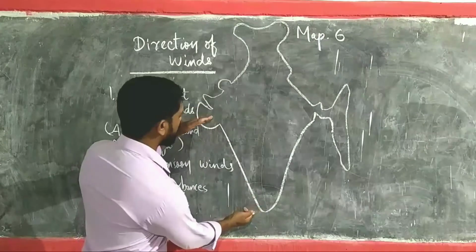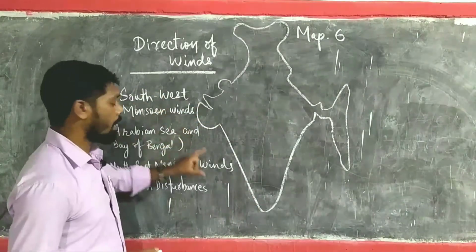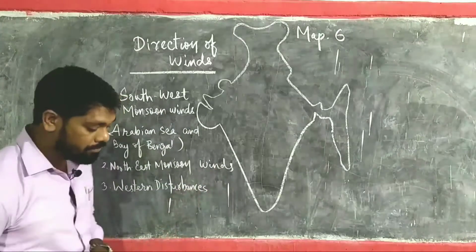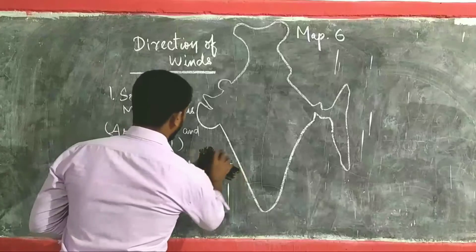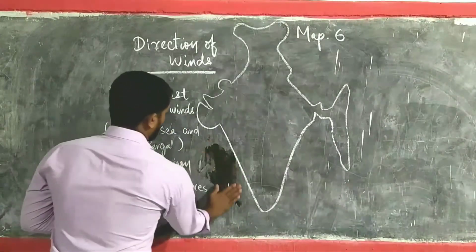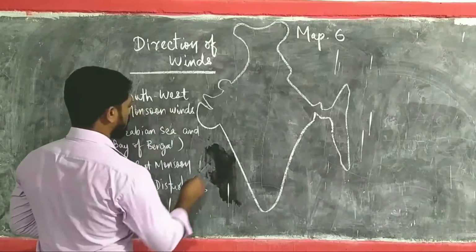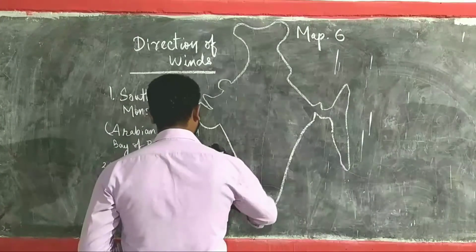So this is the area where the southwest monsoon winds have to be labeled. So let me show you with the arrow marks, like the southwest monsoon winds have to be drawn likewise.